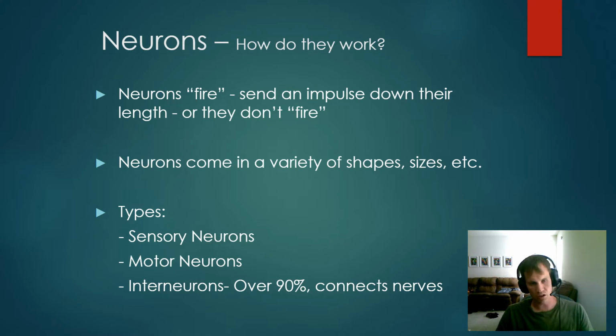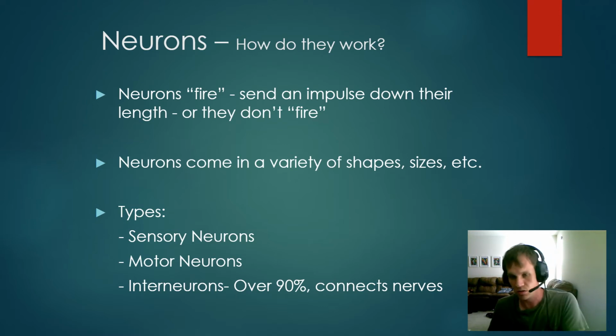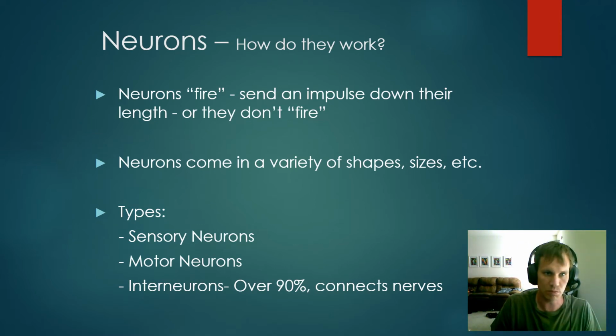There are sensory neurons, the ones that take on external stimuli. Motor neurons connect to your actual muscles and cause the movement to happen. Most are interneurons, the ones that connect to each other and pass the signal down the connection until it gets to where it needs to go ultimately.